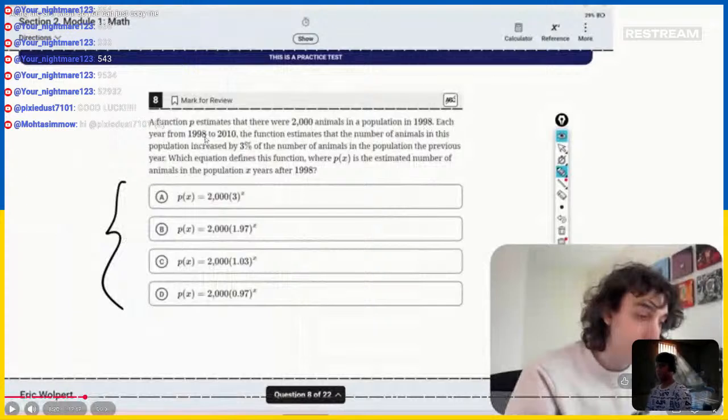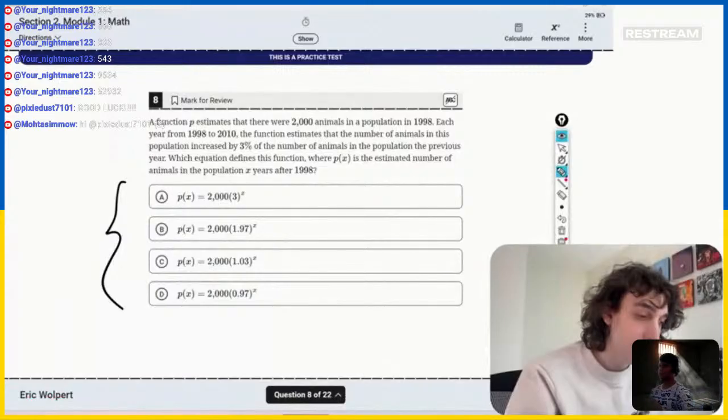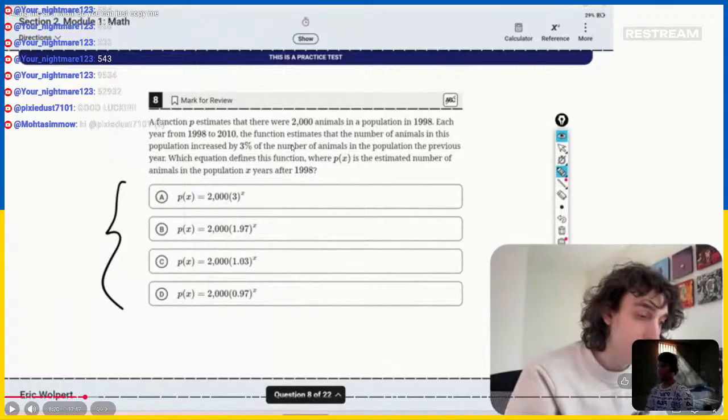Each year from 1998 to 2010, the foundation estimated that the number of animals in that population increased by 3% of the animals in the population the previous year.